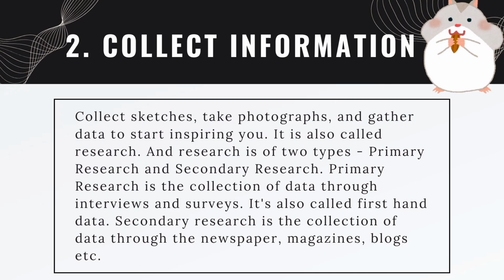Secondary research is the collection of data through newspapers, magazines, blogs, etc. So, first hand data is the data which is collected directly from the audience. It's not already existing. And secondary data is collecting data from already established resources. Their information will already be there. We just have to source what we want from it.